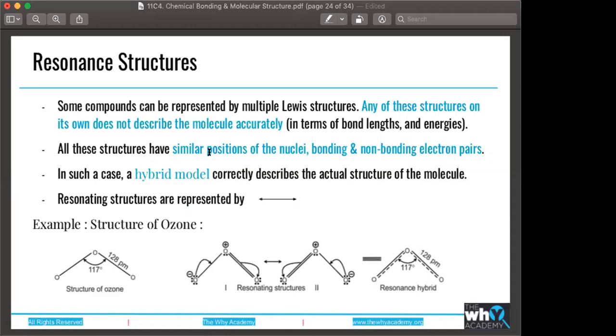They're very similar. In such a case, a hybrid model correctly describes the actual structure of the molecule using the dashed line. Okay. So each of these individual ones are called resonance structures, and this whole phenomenon, the fact that this delocalization is there, is called resonance.